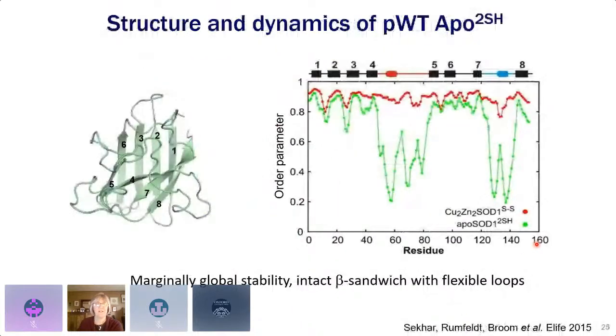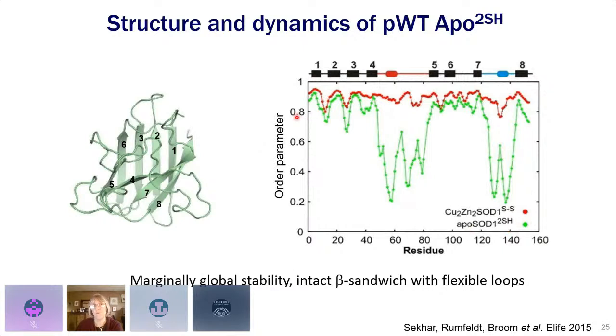What are those? So we again turn to NMR to characterize the reduced apoprotein. Here is the structure represented as a monomer. And here we have plotted the order parameter that you can get from chemical shifts versus primary sequence. What you see here for the holoprotein, in red, is a high order parameter throughout, somewhat lower in the loop regions.